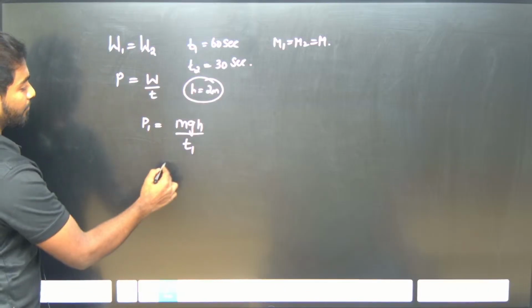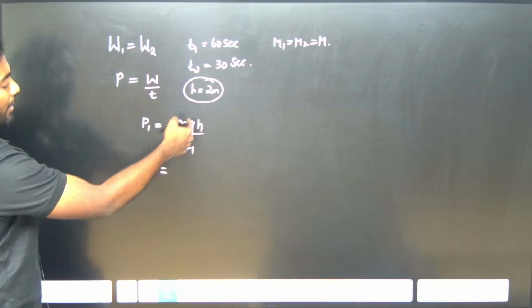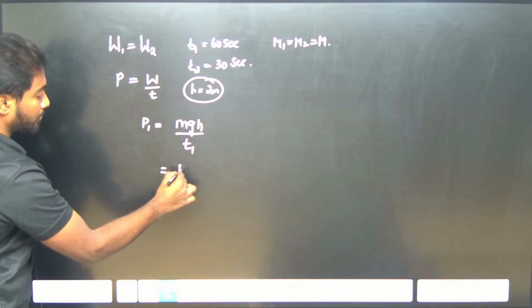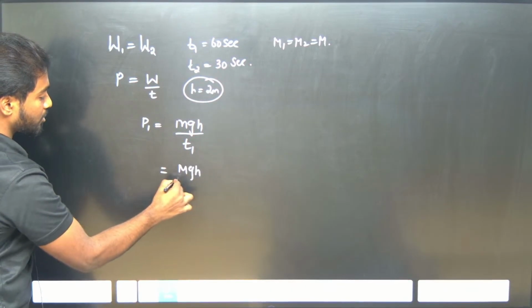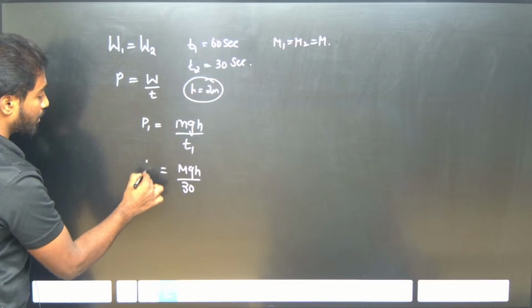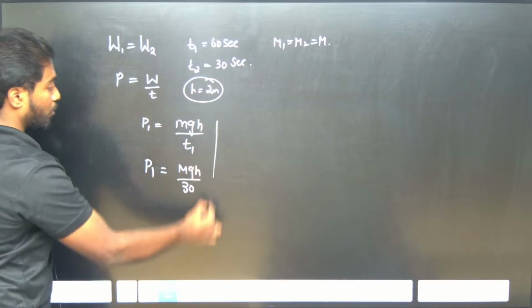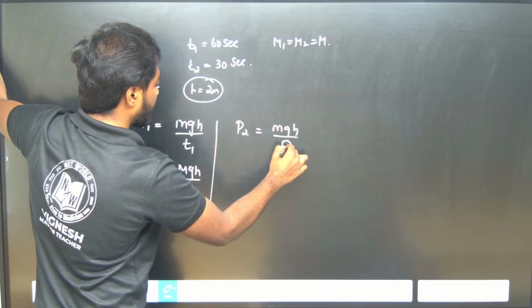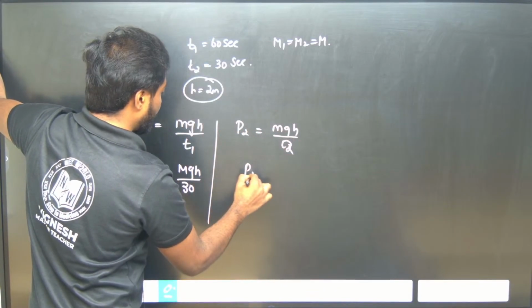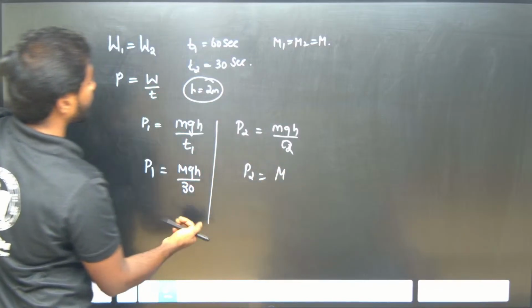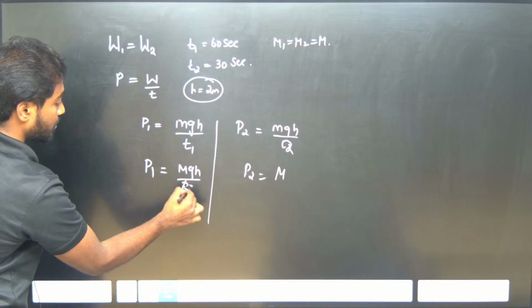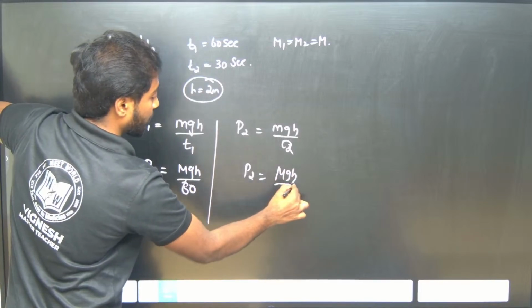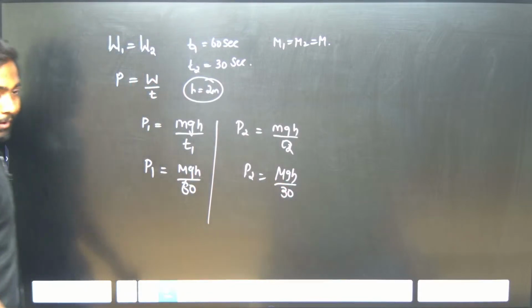So height 2 meter, gravity 10, okay, fine, mgh by 30. P1 and P2: P2 will be equal to mgh by T2. Sorry, T1 is 60, right, so P1 is mgh by 60.